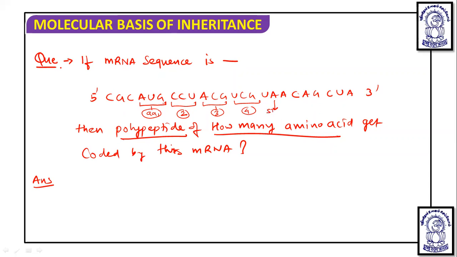So here the termination of translation will occur and no more amino acids are added. So these 1, 2, 3, 4 amino acids will be present in the polypeptide.